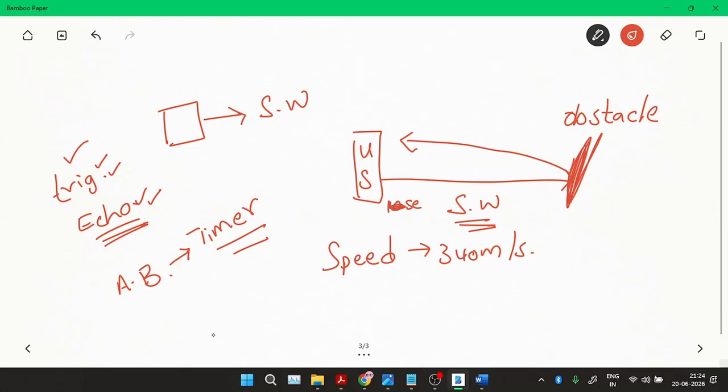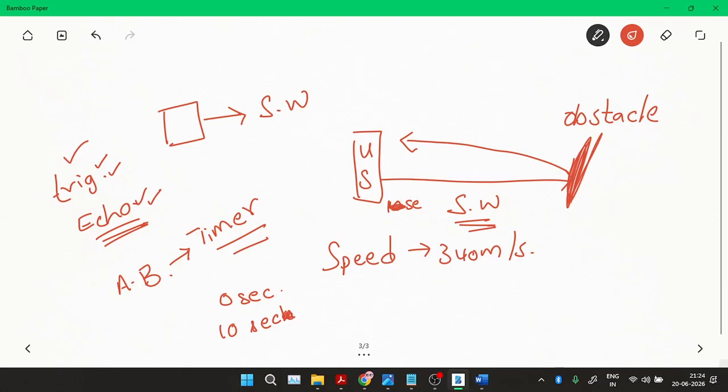When the trigger was started, the timer was at 0 seconds, and when I received the echo, the timer was at, say, 10 seconds. This 10 seconds is the complete duration for receiving the echo. Below 10 seconds, you won't be able to receive the echo.